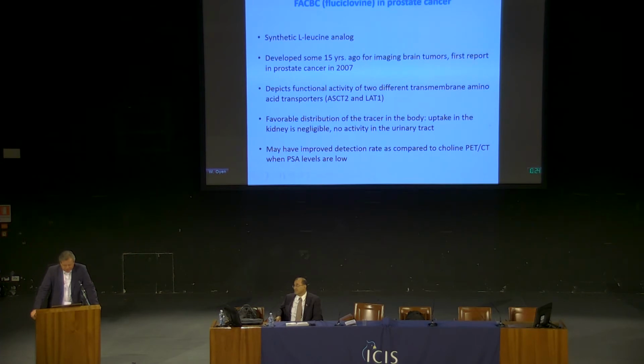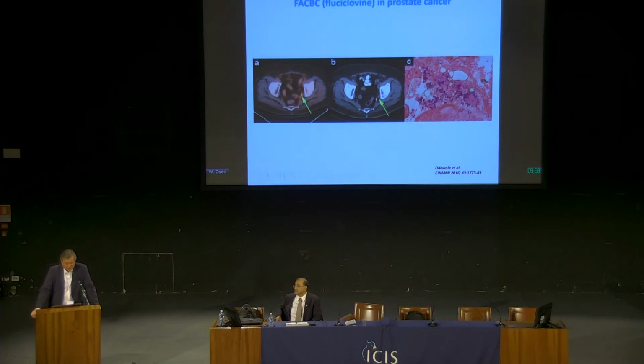It appears that the utility of flucyclovin is in the same ballpark as choline, so let's say pricing of the compound will become an issue, and flucyclovin isn't particularly cheap, so it's going to be a challenge to get this product advanced.